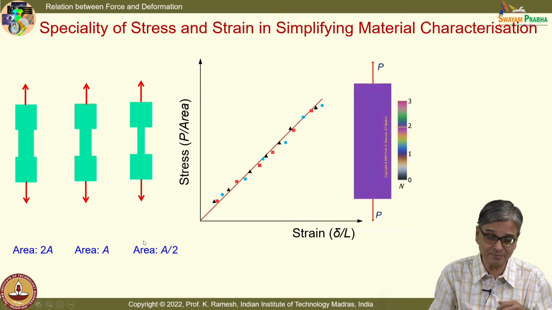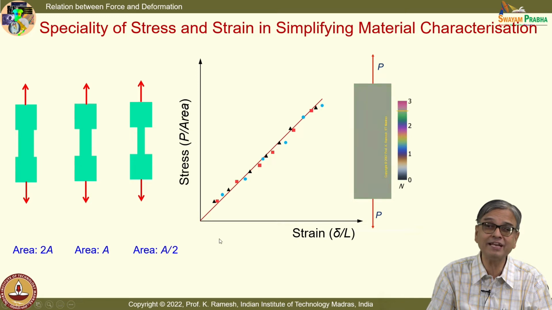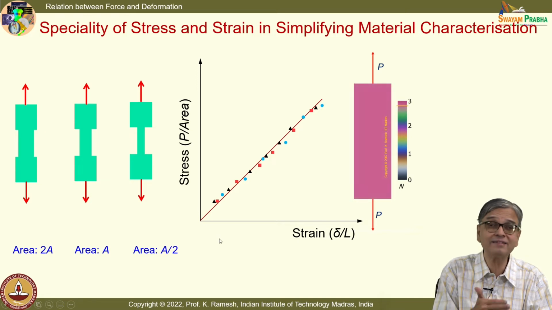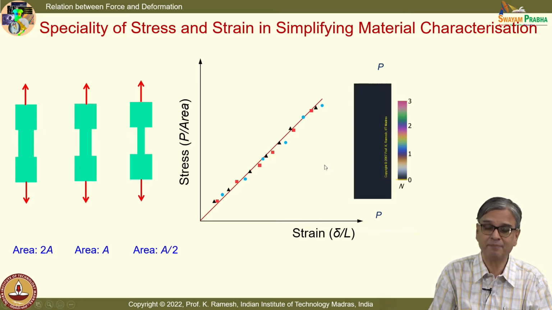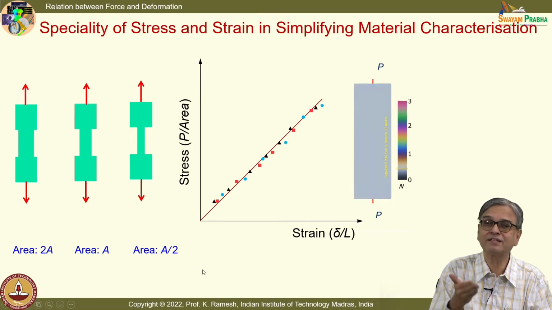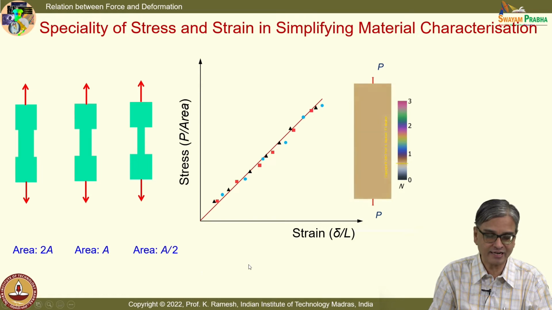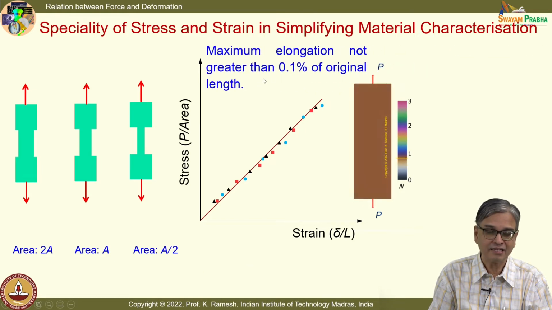The concept of plotting change in length divided by original length and force divided by area was prompted by this kind of development. And you also see the photoelastic fringes, that you have this as constant color. And we have already noted that it should be small deformation. This is valid as long as my deformation is 0.1%.